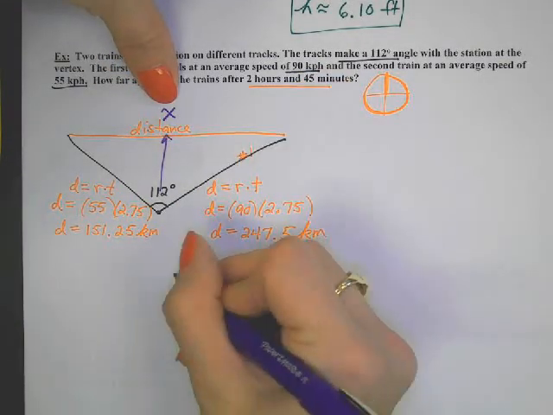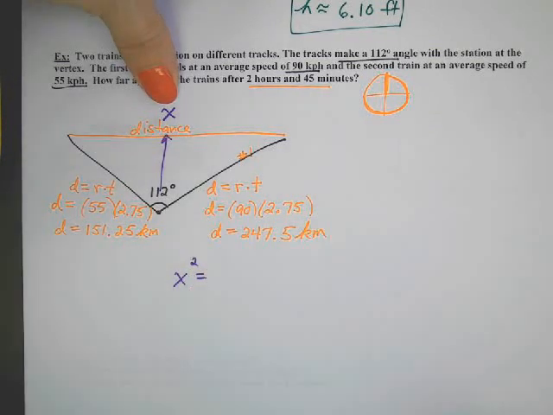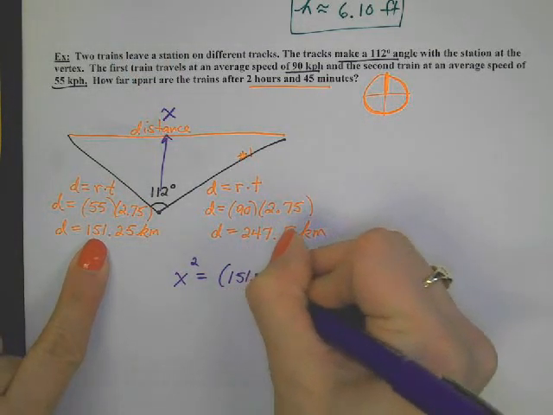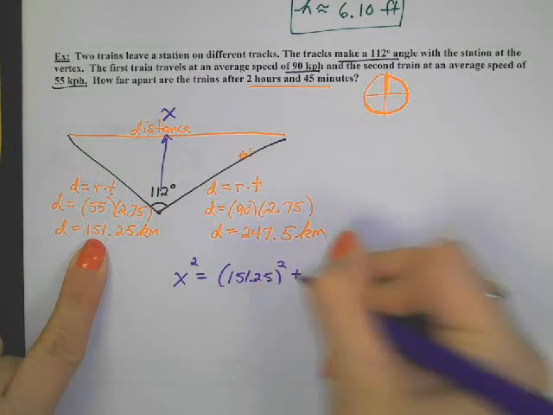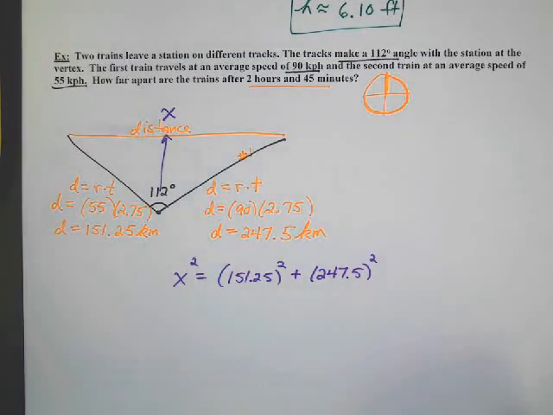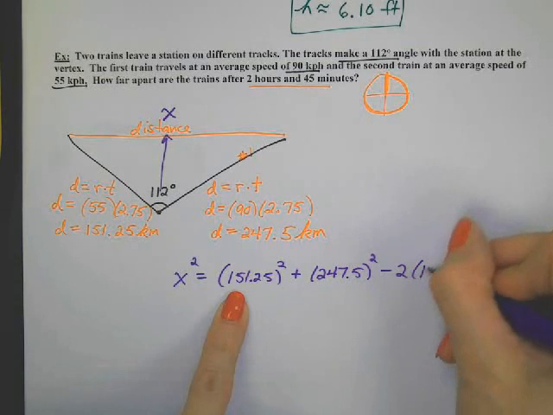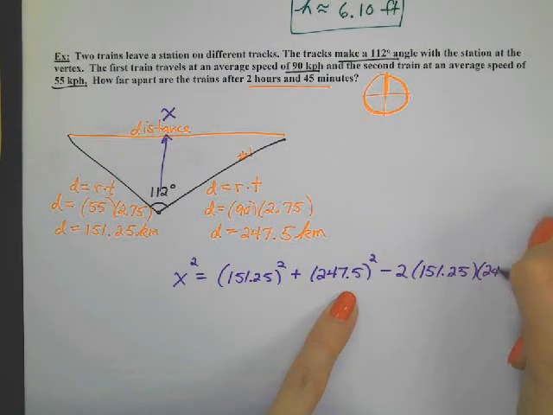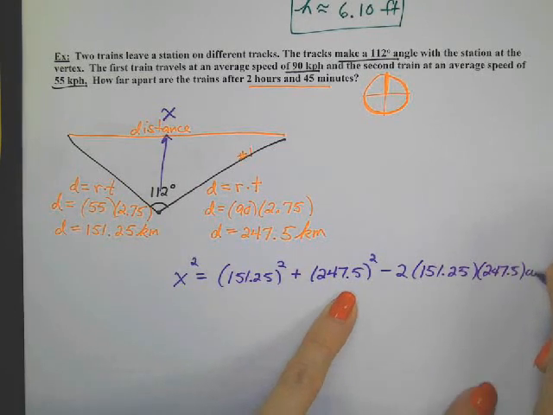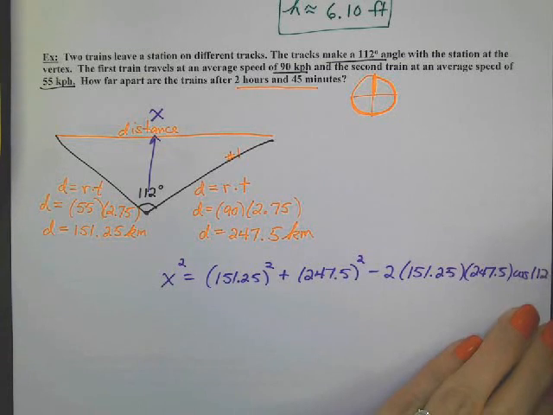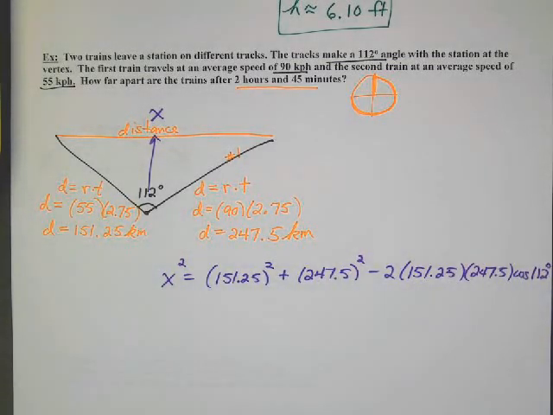We're going to start off with x squared equals, all right, give me a side. 151.25 squared plus the other one, 247.5 squared. Now that's too much. We have to subtract 2 times each of them: 151.25 times 247.5 times the cosine of 112 degrees.